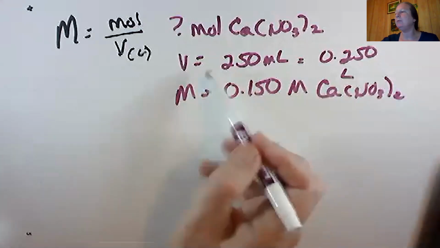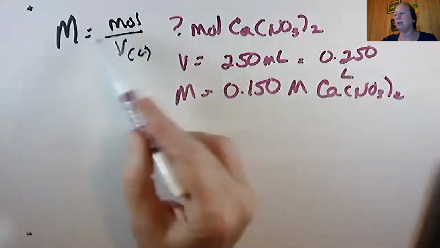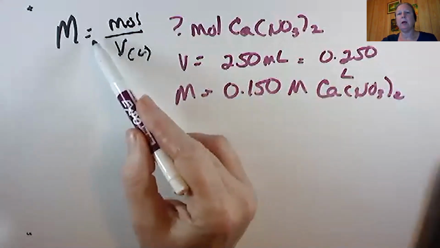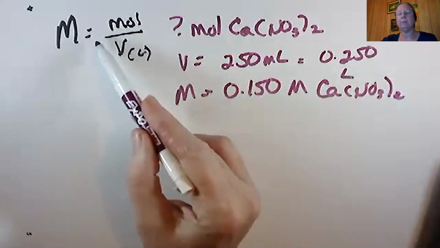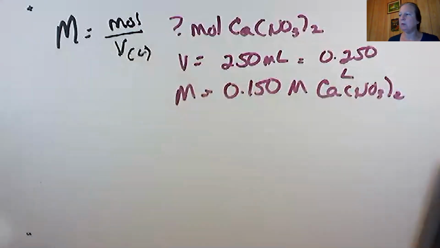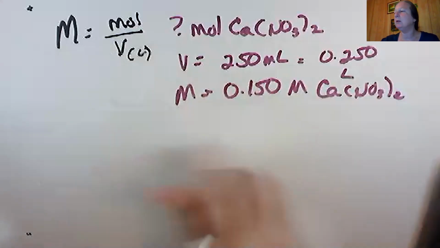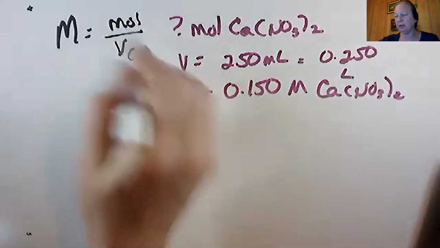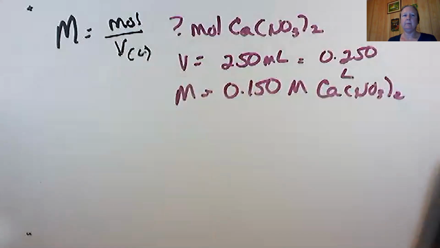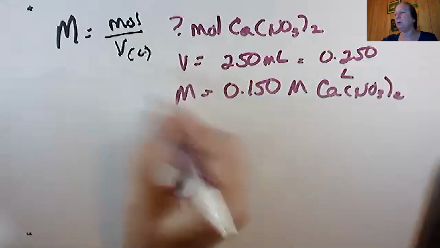Initially, you have to have 2 of the unknowns to get the third. Now, in later, more complicated questions, you will probably have to take a couple of steps to get the 2 unknowns. But right now, we're going to keep it simple. We're going to give you 2 of the unknowns, you solve for the third.